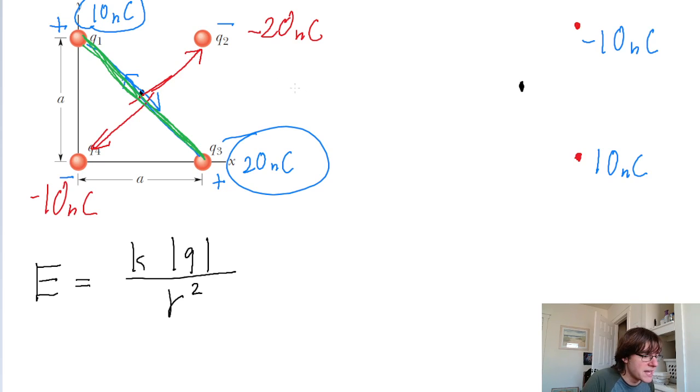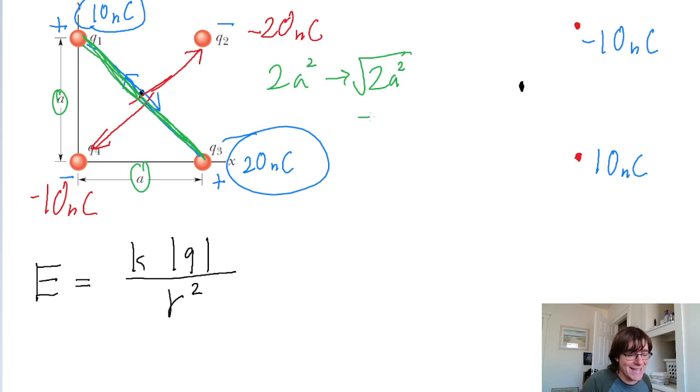So in this problem, a squared plus a squared, so 2a squared, is equal to the hypotenuse squared, which is just the square of this distance. So taking the square root of 2a squared, we can just take out the a, so that is a times the square root of 2.